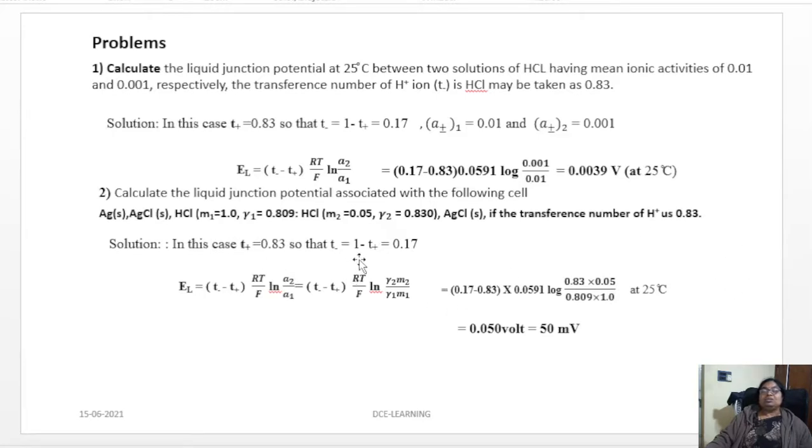Then T minus is equal to 1 minus T plus, so we get T minus as 0.17, the transference numbers of both positive and negative ions. Then E_L is equal to (T minus minus T plus) RT by F into ln of A2 by A1, which is equal to (T minus minus T plus) into RT by F into ln of the mean ionic activity, with the activity coefficient, nu 2 M2 over nu 1 M1. Substituting all these given values, you get 0.05 volts or 50 millivolts.